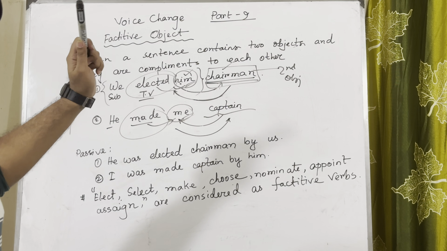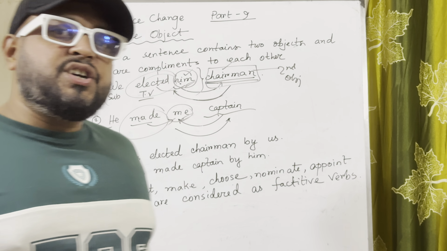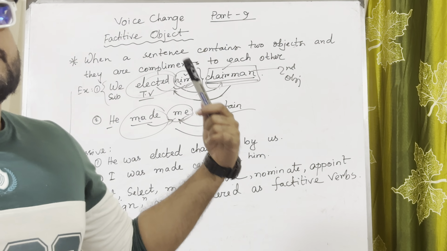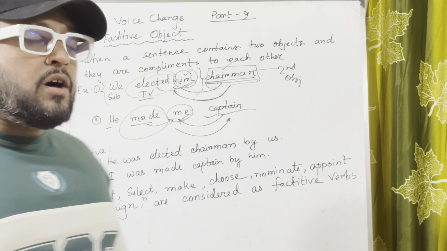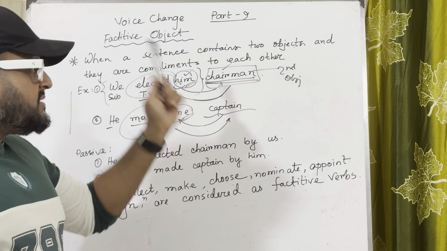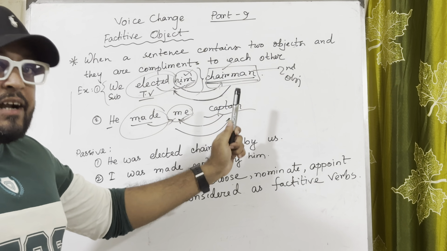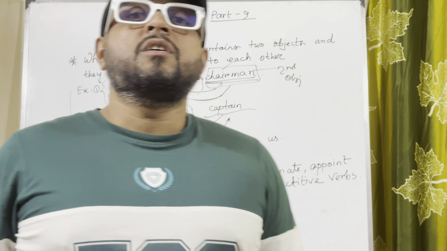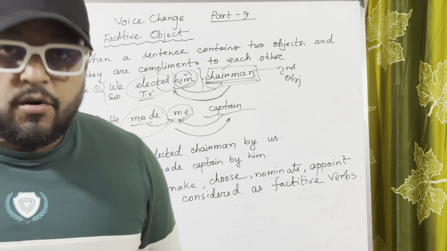Then according to the rules of passivization, you will use the to be verb with the V3 version of the verb, but the second object will come right after the V3 verb.